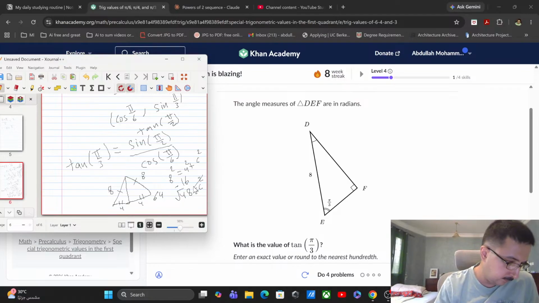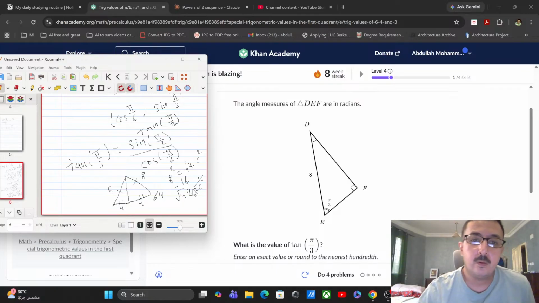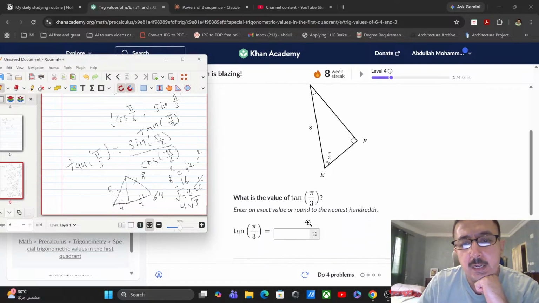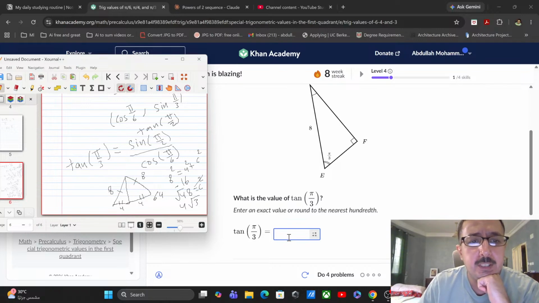So 4 square root of 3. I would go with that. Should we? But wait, what did we establish here? What do we want?